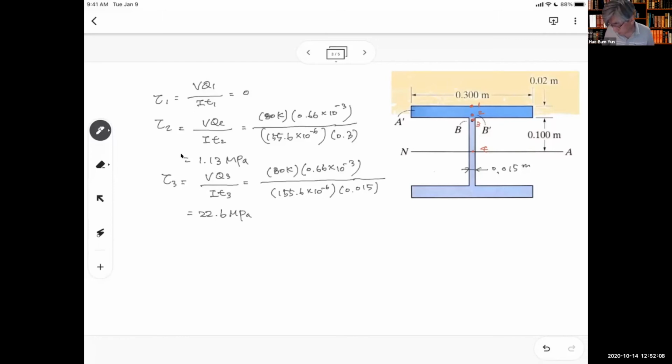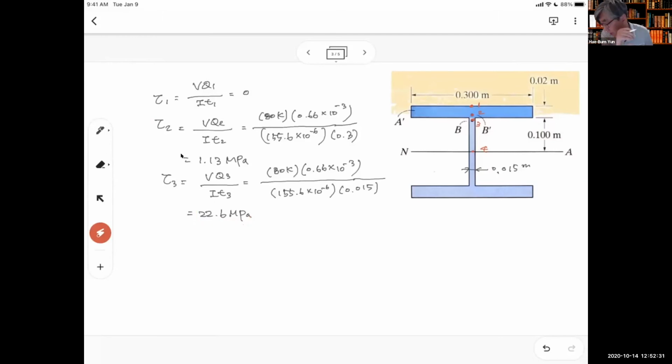So if you see these 2 points, 2 and 3, and comparing this tau, you see that there is a big jump, right? So in the web, we have a lot of shear stress.